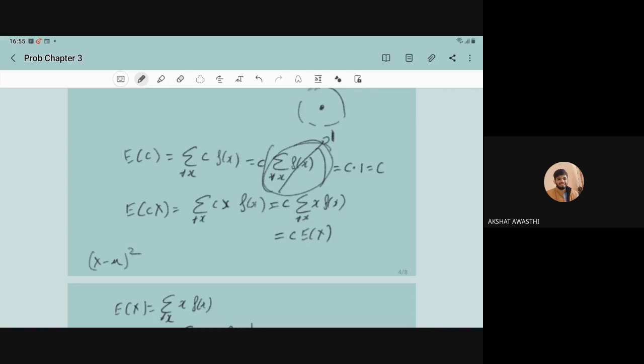So if it is not a correct difference, that's why it is physically meaningless. After taking the square, it is not a proper difference.